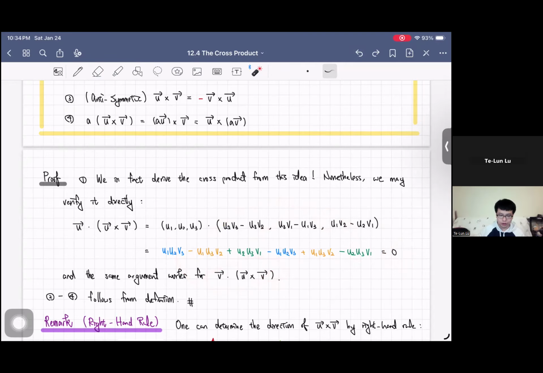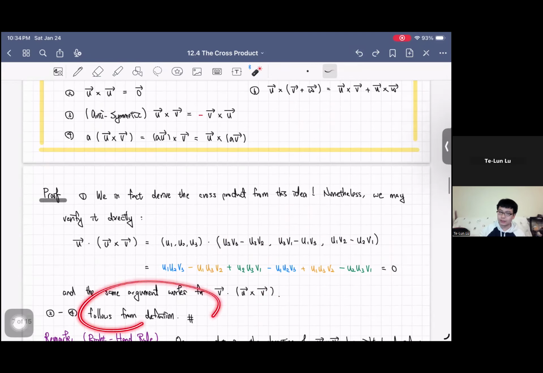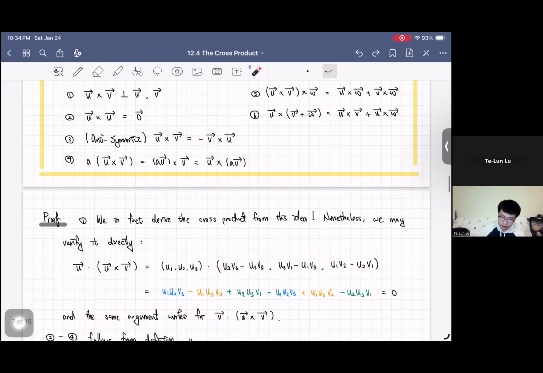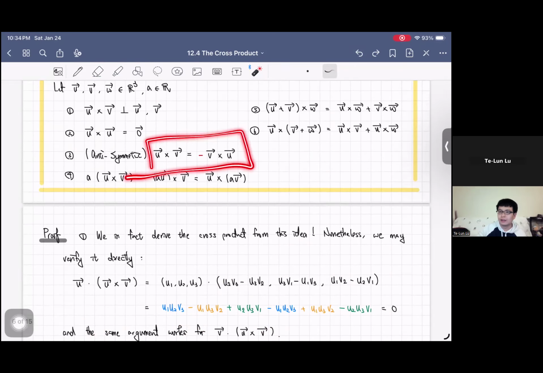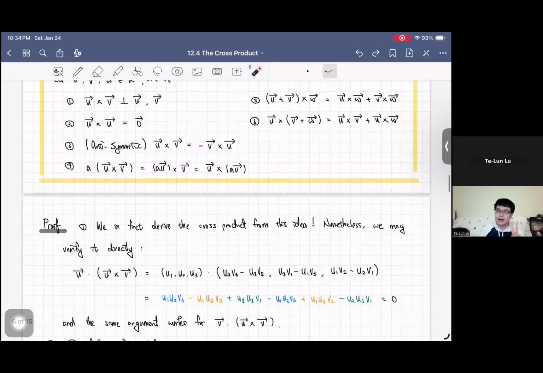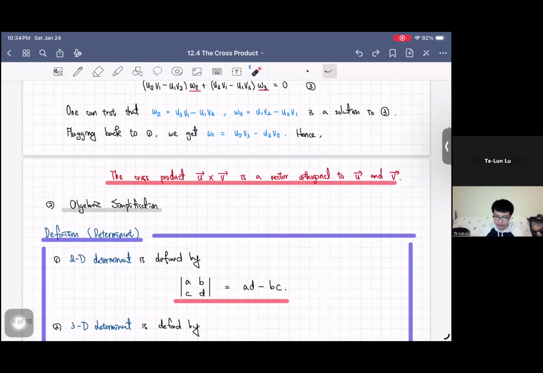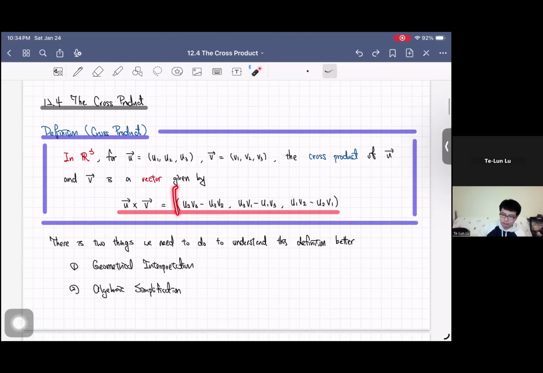And as I mentioned, 2 to 4 follow from definition, so try to verify them yourself. But as I mentioned, this is quite important: you always have the anti-symmetric property. u cross v is always minus v cross u. In some sense, that is intuitive from the definition, because this is u cross v, right? In the first coordinate, it is u2 v3 minus u3 v2.